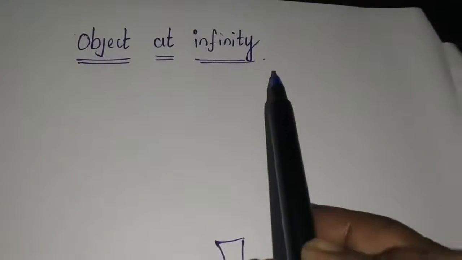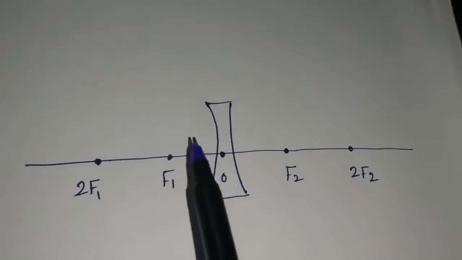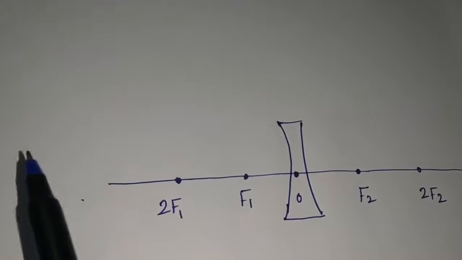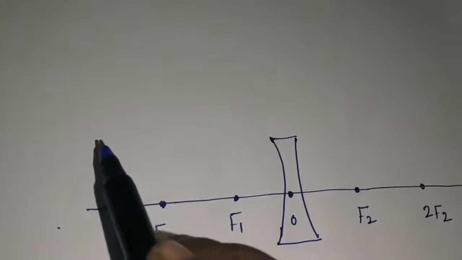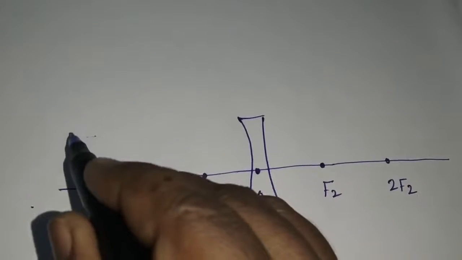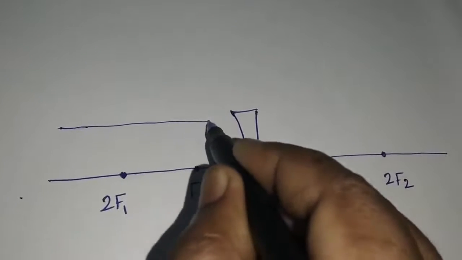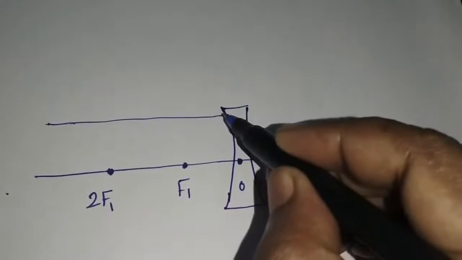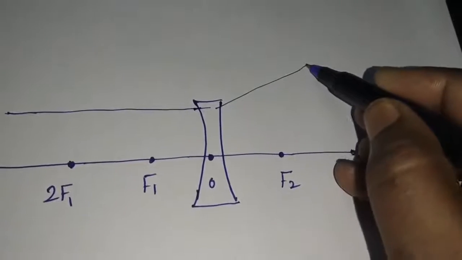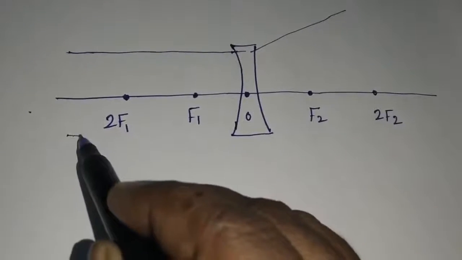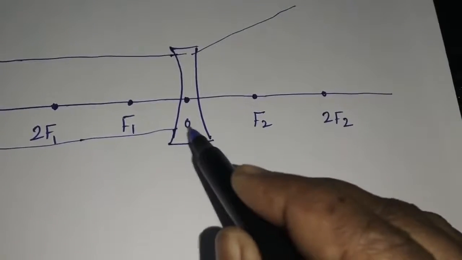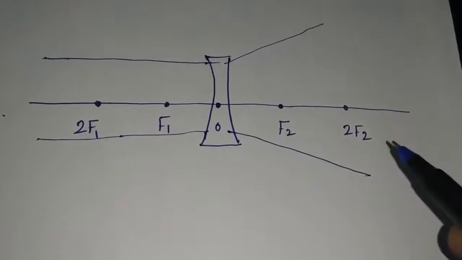Students, for object at infinity, we know that concave lens is a diverging lens. When the object is placed at infinity in the space, the light rays come parallel. So here we are going to consider parallel rays, and after refraction they diverge.